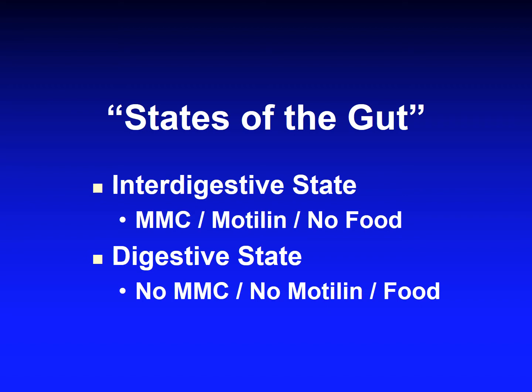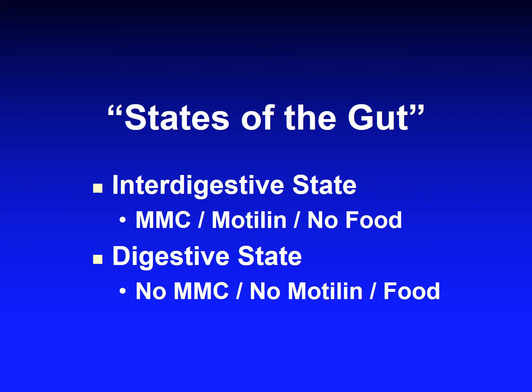We call that the interdigestive state. Again, when the animal is not involved or engaged in eating. When the animal or the human is engaged in eating at the time of the recording, then we call that the digestive state. And each one has its own characteristics.